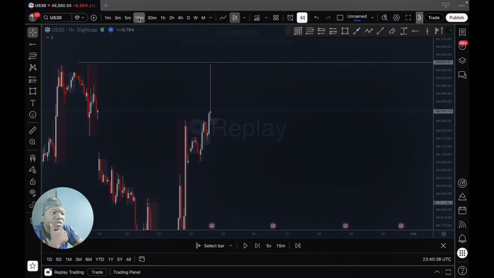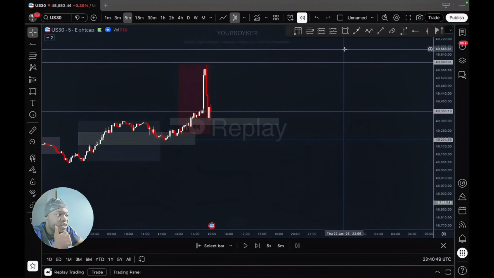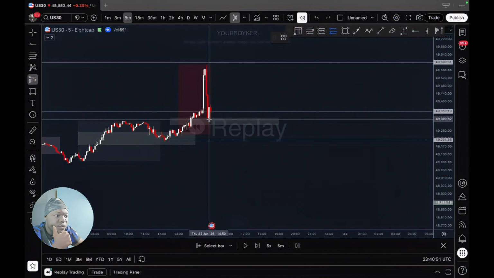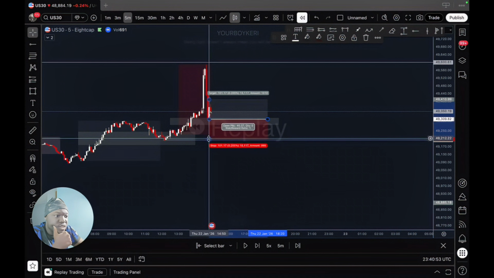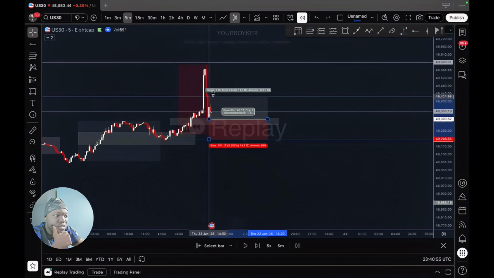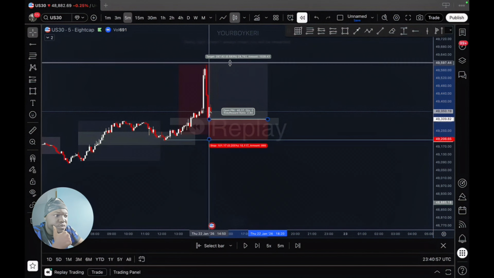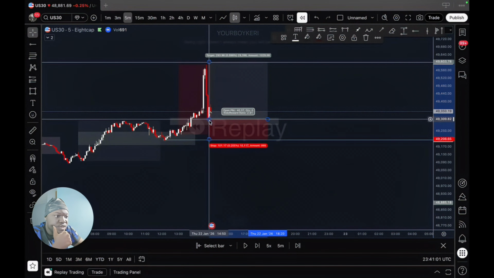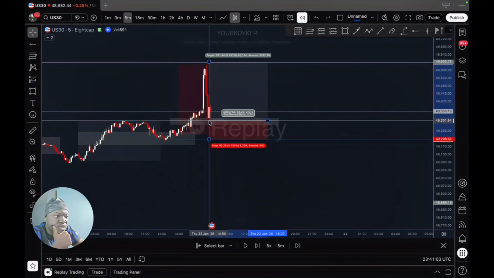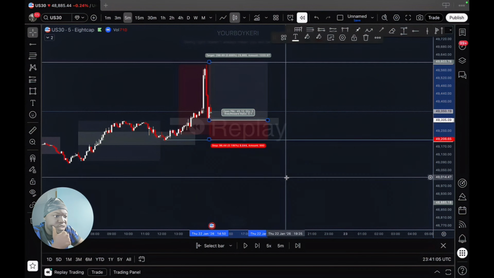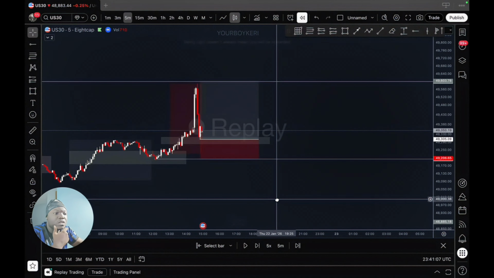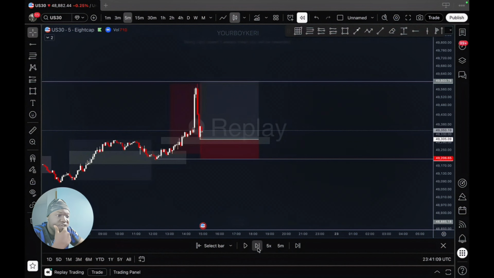You see the gap. As soon as I took my stop loss off the 5-minute, my stop loss was pretty much around here. The entry was here, right? TP was here. This trade was a DVR trade, so entry was basically around here. All right, so this was the first entry. You see price came back down.